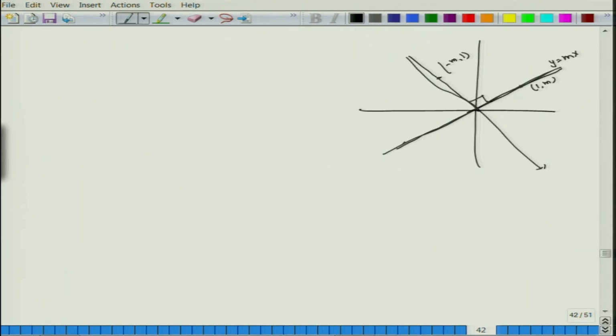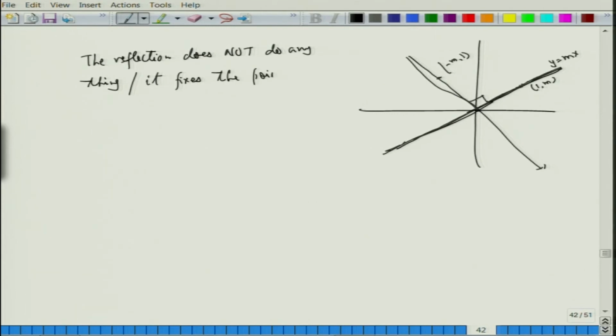So, what we know is that if I look at this line, the reflection fixes this point, does not do anything to this point. So, the reflection does not do anything, or it fixes the point 1 comma m, fine.